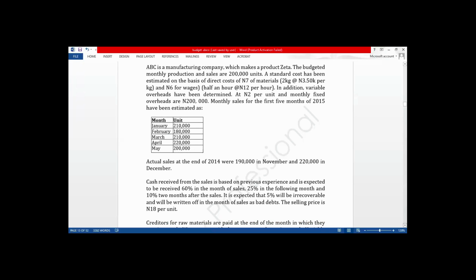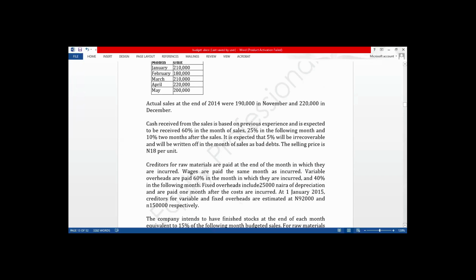Next, cash received from the sales is based on previous experience. Now, please pay attention to this. Cash received from sales is based on previous experience and is expected to be received 60% in the month of sales, 25% in the following month, 10% 2 months after the sales.